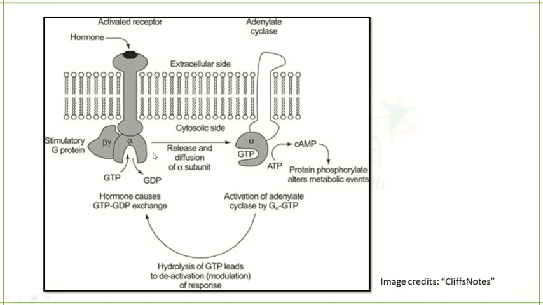Now this G alpha GTP will go and activate an enzyme called adenylate cyclase. Adenylate cyclase is a membrane bound enzyme. The activated adenylate cyclase has its function of converting ATP to cyclic AMP.